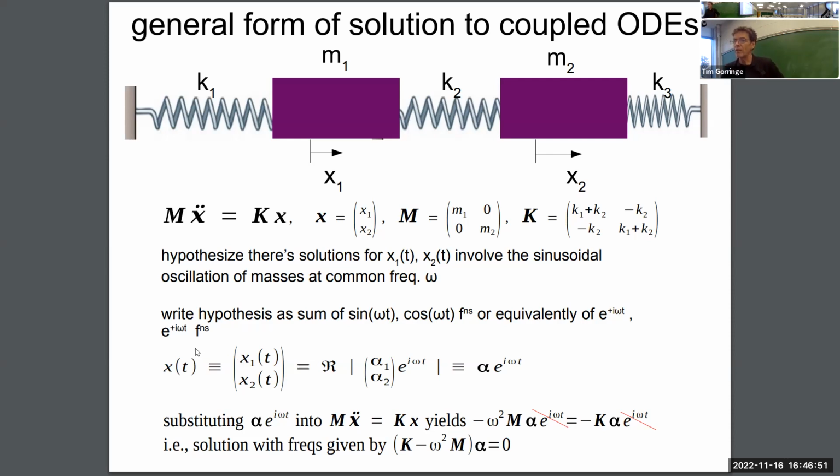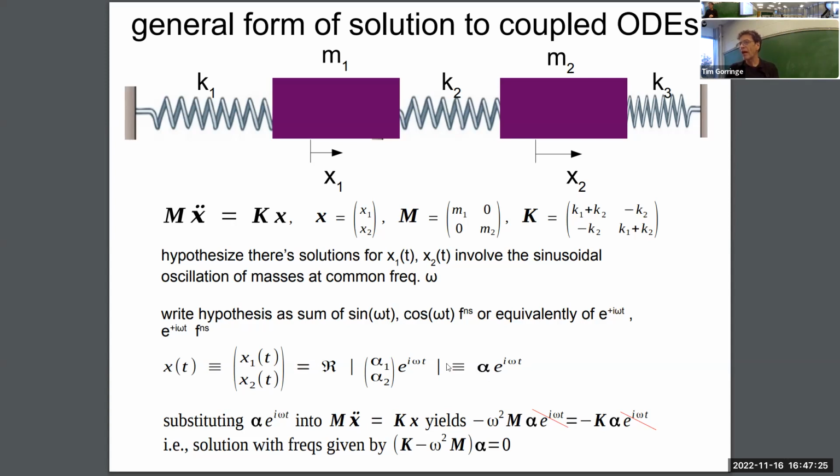And so the hypothesis I want to follow up on is that this quantity x, this column vector, which has these two components for the two masses, has a form that looks like this. So e to the i omega t, that's encapsulating the sinusoidal oscillations. And then alpha 1 and alpha 2 are just two complex numbers that are determining the amplitude of the oscillations.